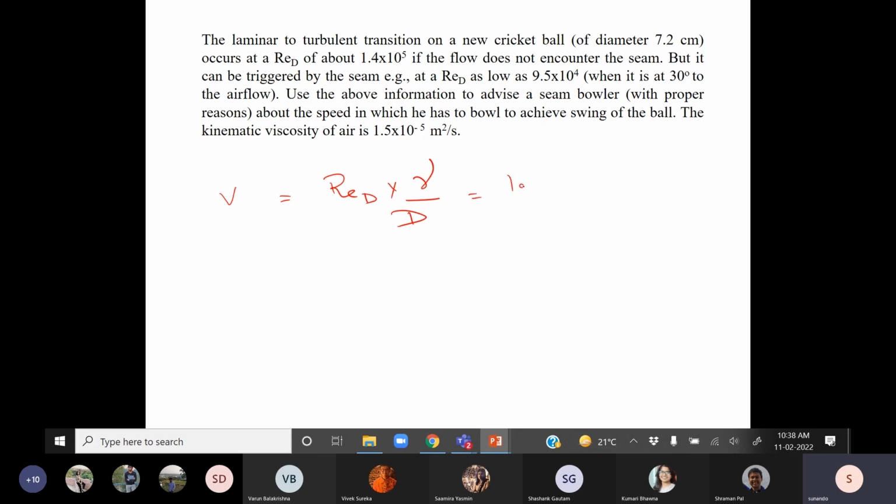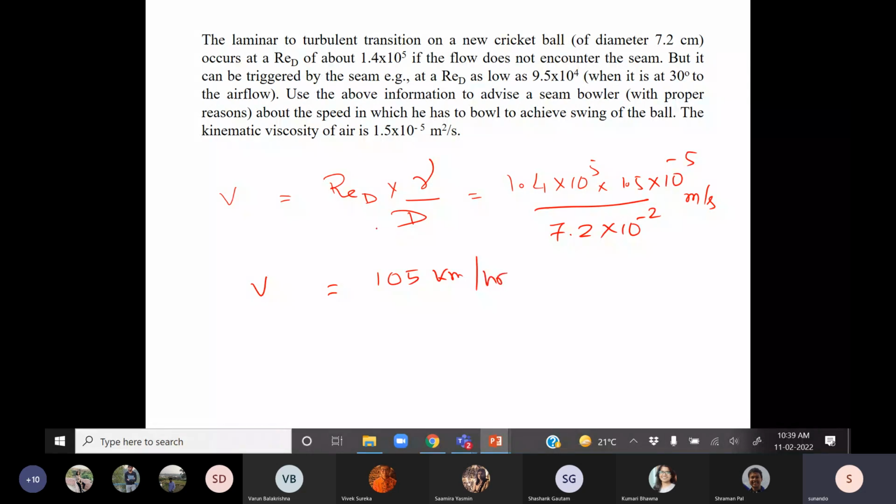So in one case, you put 1.4 x 10^5 times whatever the value of nu that is provided, divided by whatever the value of the diameter that is provided, in meters per second. If you convert it to kilometers per hour, V1 is going to be 105 kilometers per hour. If you use the Reynolds number Re_d to be 9.5 x 10^4, you get this V to be equal to 71.25 kilometers per hour.